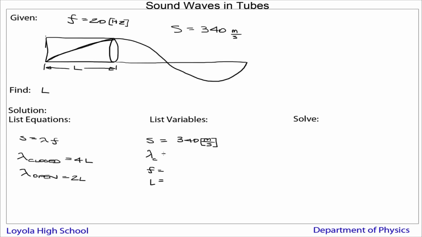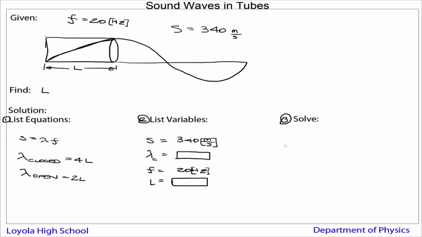The wavelength we do not know. The frequency we do know is 20 hertz. And the length of the tube is what we're trying to find, so we do not know. So if you box what you don't know, it should be numbered 1 in your homework. That should be labeled number 2, and this should be labeled number 3.